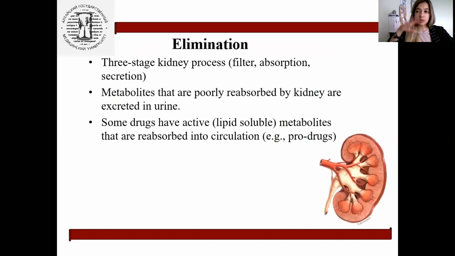After all this happened, the drug goes for elimination, and the main elimination is in the kidney. In the kidney, filtration, absorption, and secretion happen, and then metabolites, which are poorly absorbed in kidneys, are excreted in the urine.